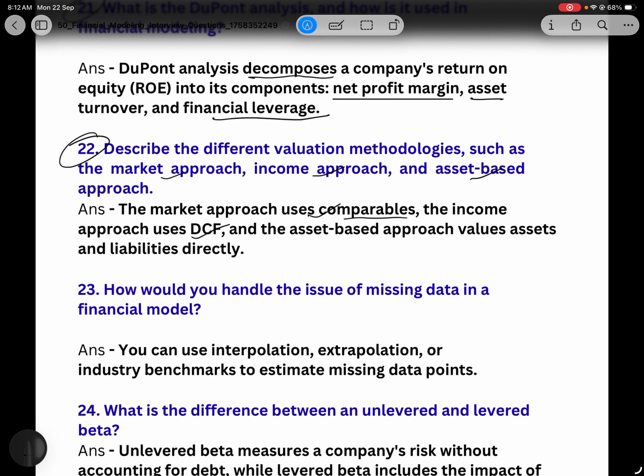This is not so commonly used, but you basically value the assets and liabilities directly. So your shareholders' equity is basically your asset value, assets minus your liabilities. That's your value, but it's the minimum value that you want to get.